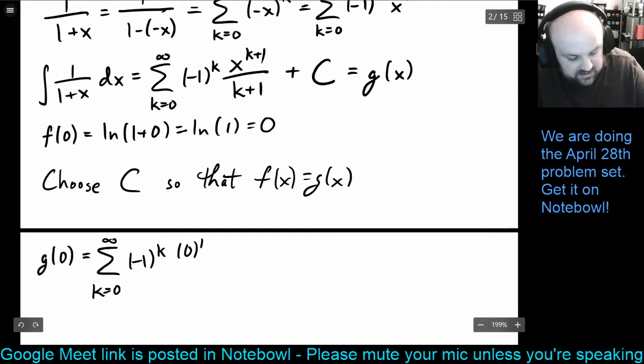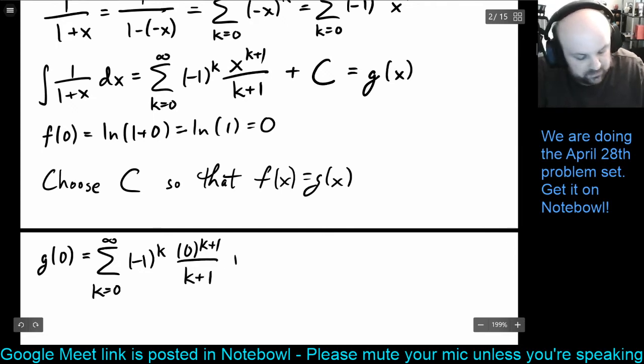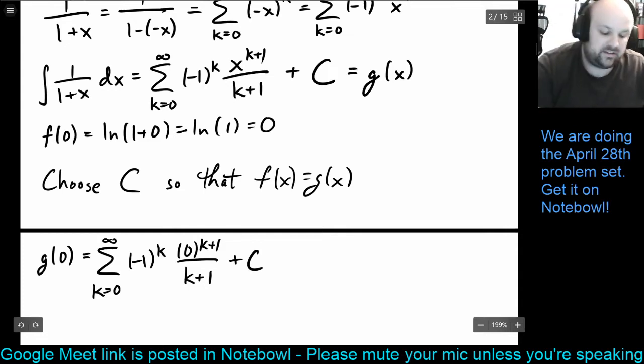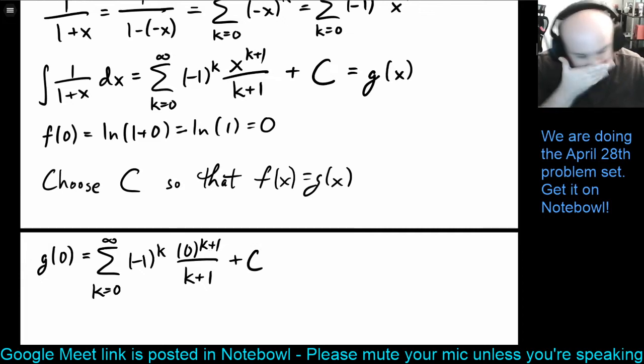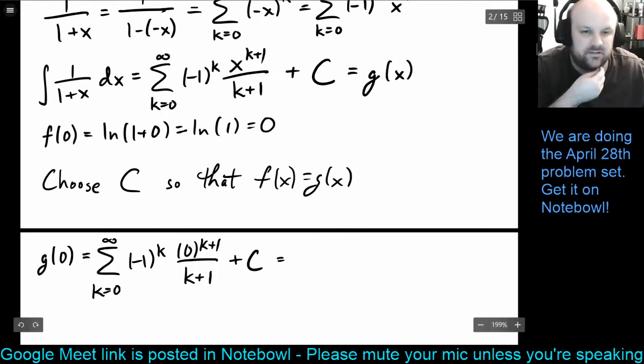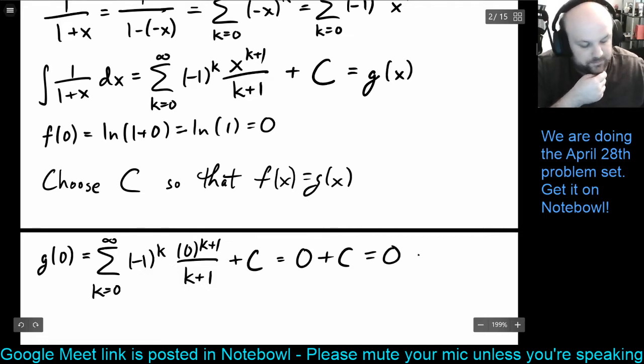So plug that in. This is 0 to the k plus 1 over k plus 1, plus c. Now the important thing here is that this is 0 to the k plus 1 power, so we never wind up with 0 to the 0 here. So this whole series is just 0. Each term is 0, so it all goes away. So this is 0 plus c, and we need to set that equal to 0.